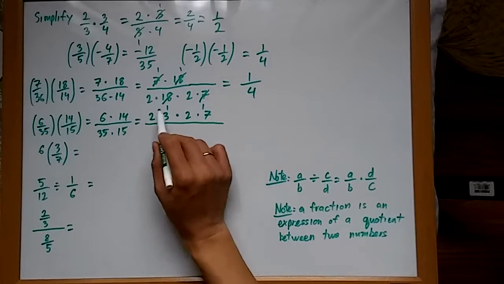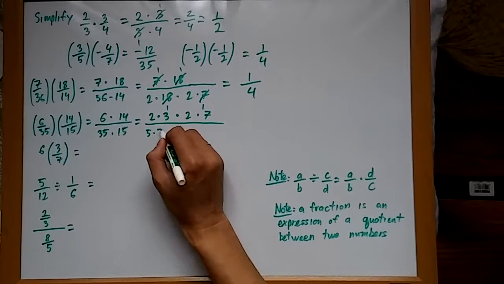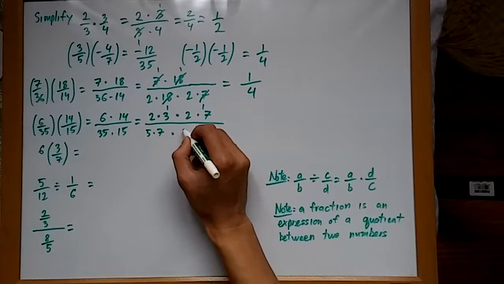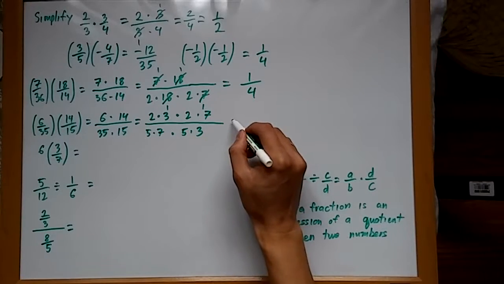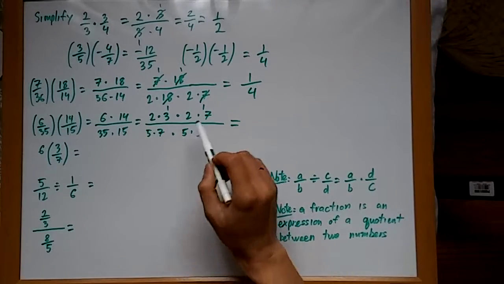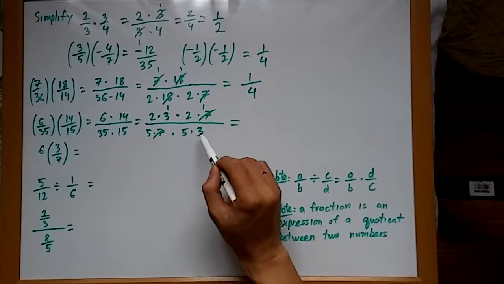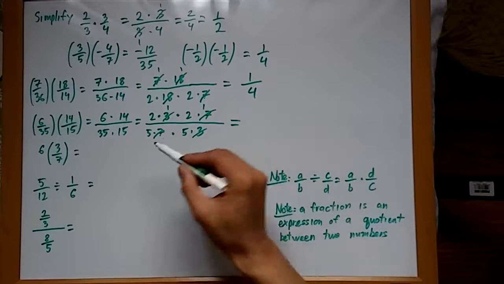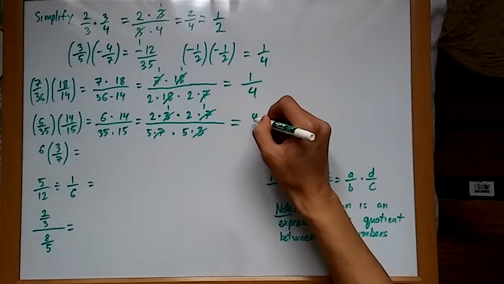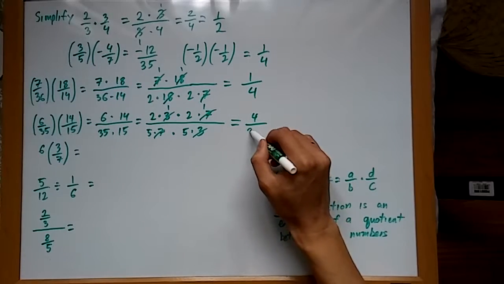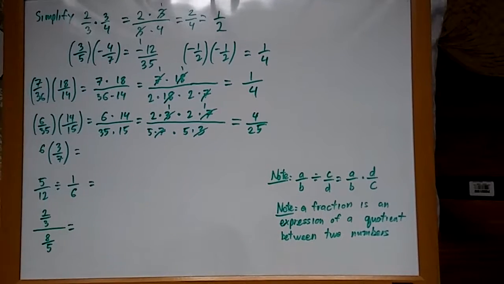And same thing here, 35 we break down to 5 times 7, and 15 you break up to 5 times 3. So here, just start canceling out the numbers that are the same. So 7, 7, 3, 3. And all you have left up here is 2 times 2 is 4, and down here 5 times 5 is 25. As you can see, it's very clean, very easy.